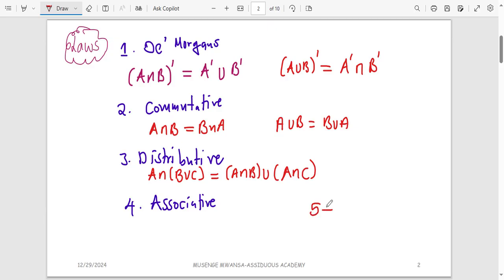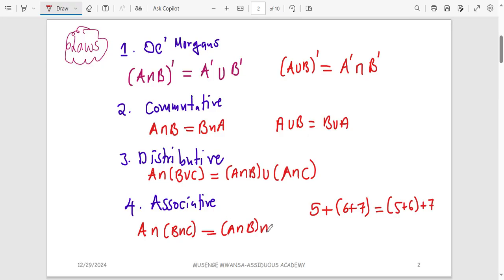If you have got 5 plus 6 plus 7, when you add the 6 plus 7, the answer you find you add to 5 is the same as first adding the 5 and the 6, then the answer that you find you add to 7. That's known as the law of associativity. So A intersection (B intersection C) is the same as (A intersection B) and then intersection C.